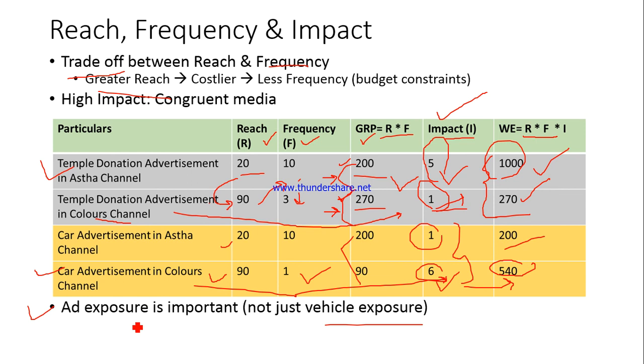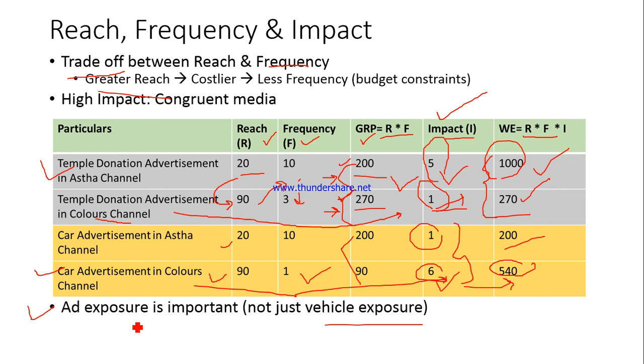Your target audience got exposed to the vehicle but they never got exposed to your ad. On the other hand, if they also watch your ad, then this would be ad exposure as well. So what is important for us is to have ad exposure and not just vehicle exposure.